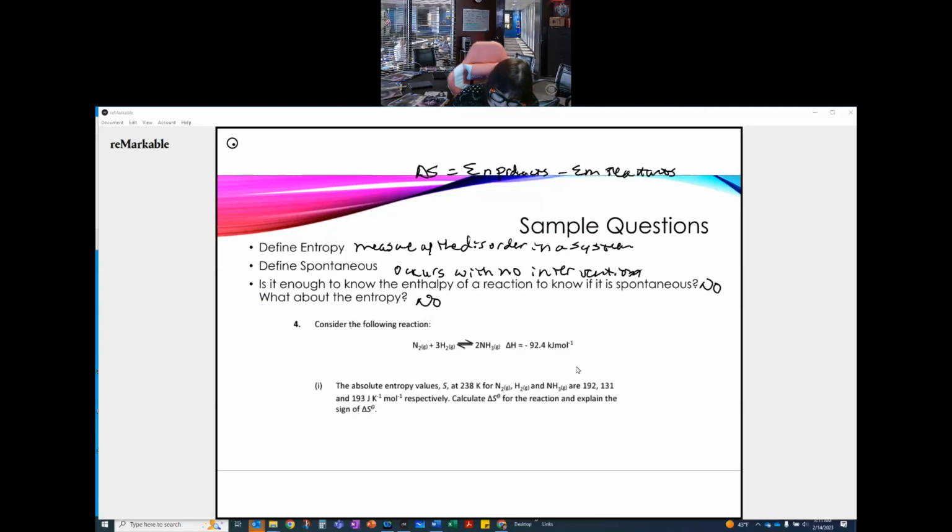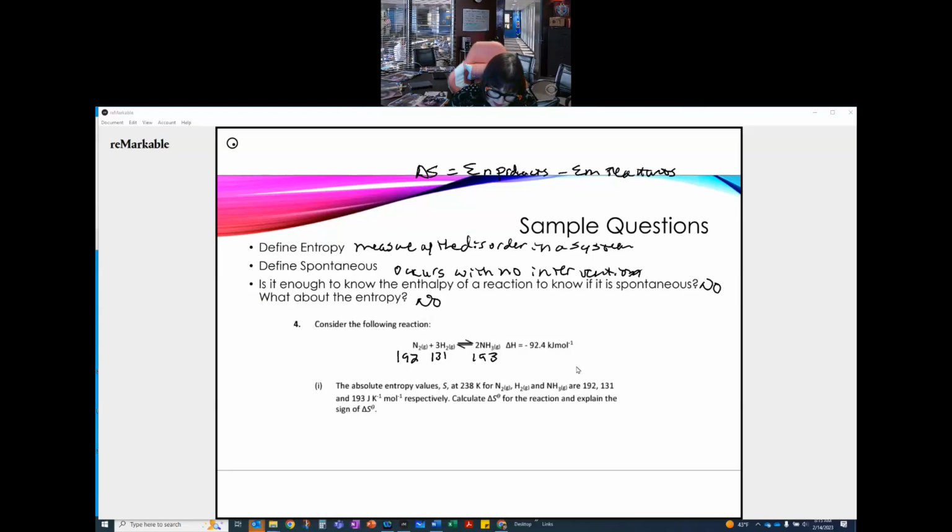In this case, I have my NH3 as 193, my N2 is 192, and my H2 is 131. So those are the values that I was given in this question below.